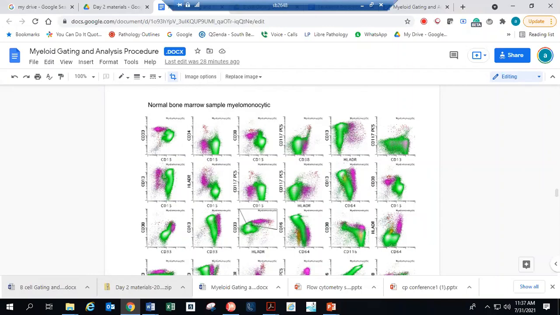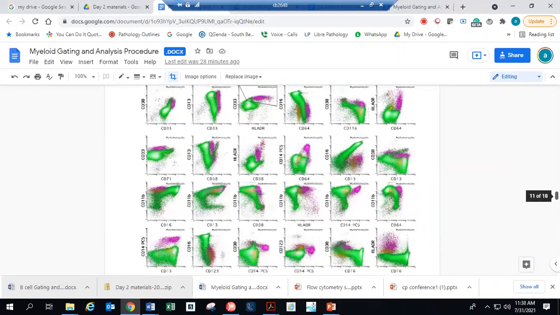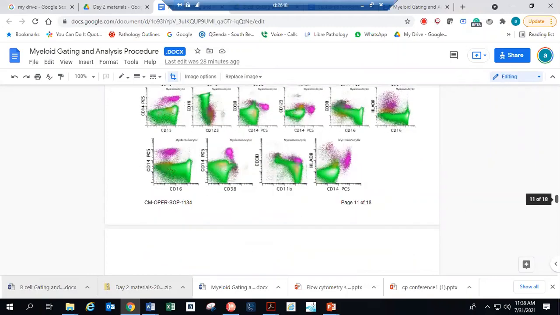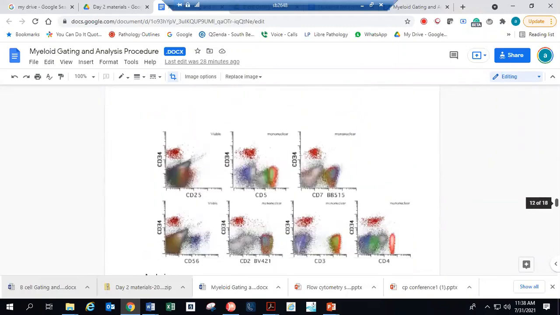Let's see, CD13, which is similar to myeloid and monocytes. We have been going through this again and again. This is just more of a bone marrow, so what we went through previously was the peripheral blood. The bone marrow will have more cells, of course.